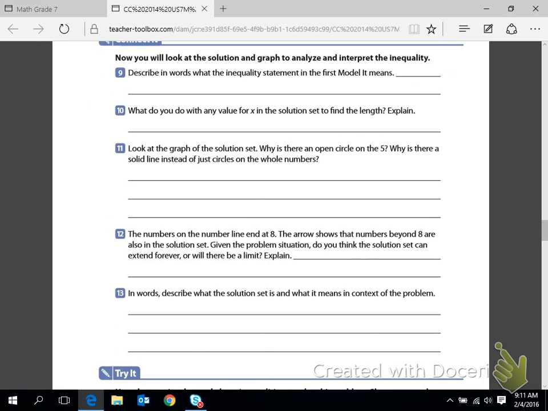If we first want to describe in words what the inequality statement in the first model means, it is stating that when you take the length and the width and multiply them together, so length times width, which is area, we need to have a value that is greater than 500. So length times width needs to be larger than 500.